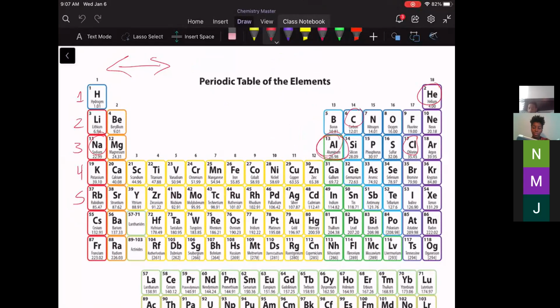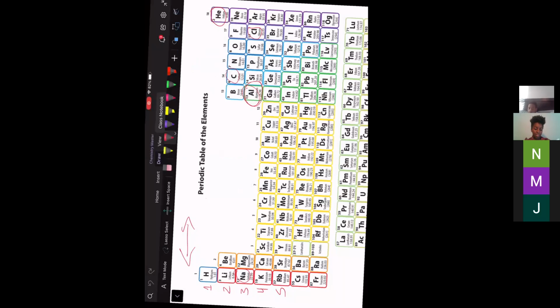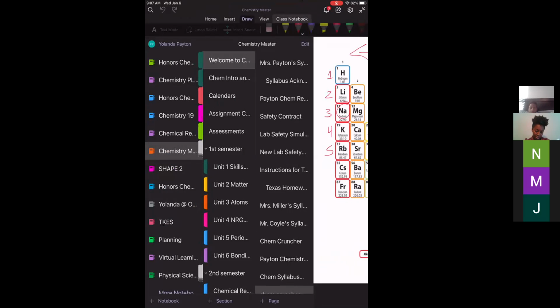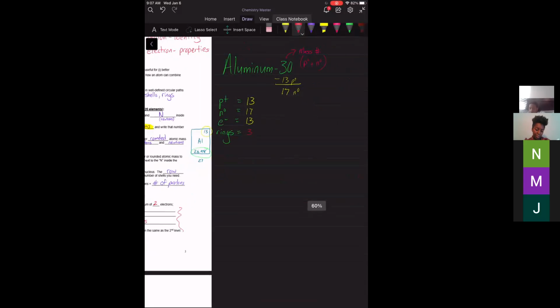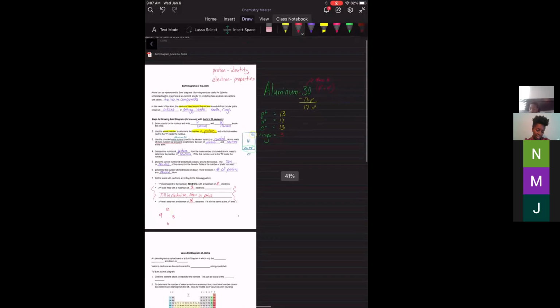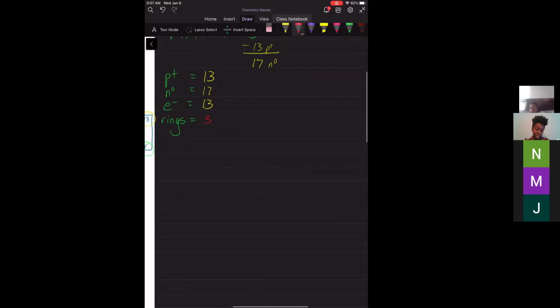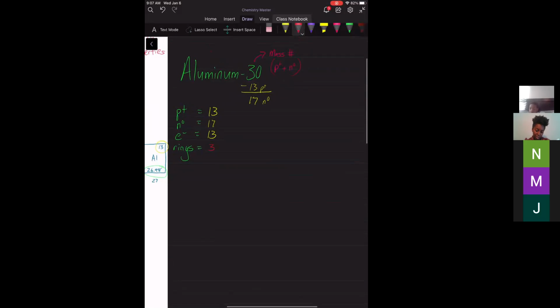So that means I need 3 rings. All right, so here's what we're gonna do. We're gonna follow our directions. It said to draw a nucleus and put P and N in the center. I got 13 protons, so I'm gonna put 13 right there. 17 neutrons, so I'm gonna put 17 right there.